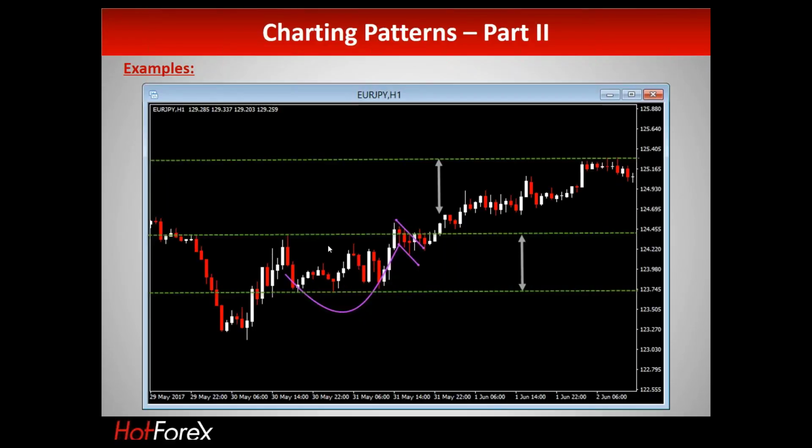However, this retracement and this sideways move should be one third, or at most two thirds, of our initial move. This initial move, you can see this distance over here, is nearly 140 pips.